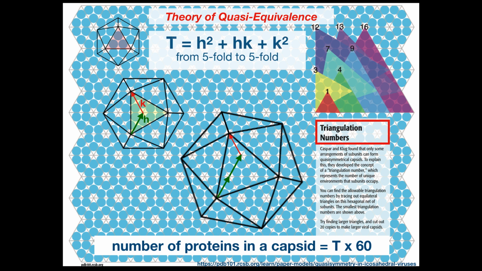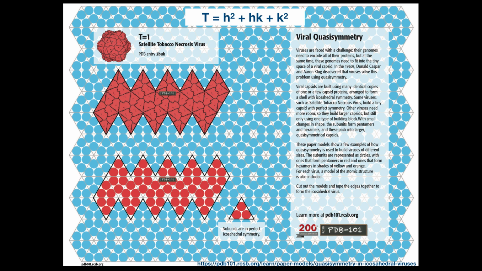The other thing that the T-numbers show you is the number of different kinds of interactions that each of these proteins have. And I wanted to sort of zoom ahead and look at this. So T equals 1, these are all completely equivalent interactions. Each of these capsid proteins interacts with all the other ones around it in exactly the same way.